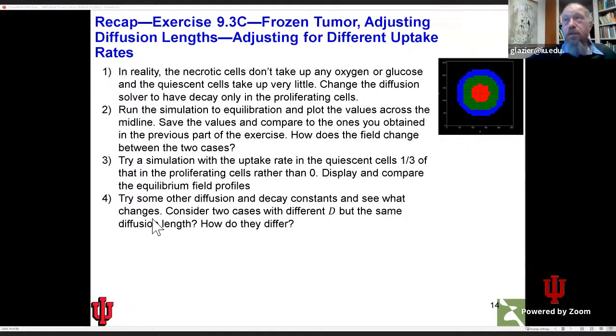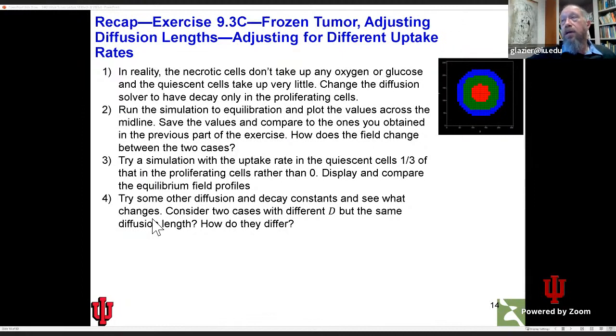So the next part of this exercise was the fact that, in fact, not all the cells take up in the same way. In particular, the necrotic cells are dead, so they're not using any oxygen or glucose at all. And the quiescent cells don't take up very much oxygen or glucose.